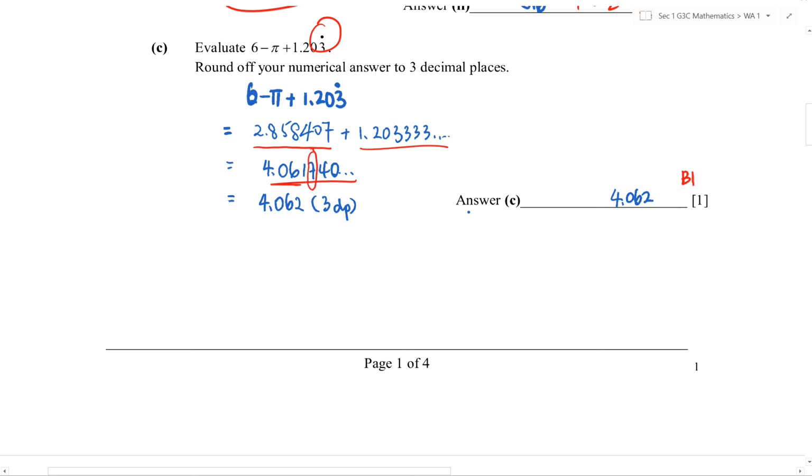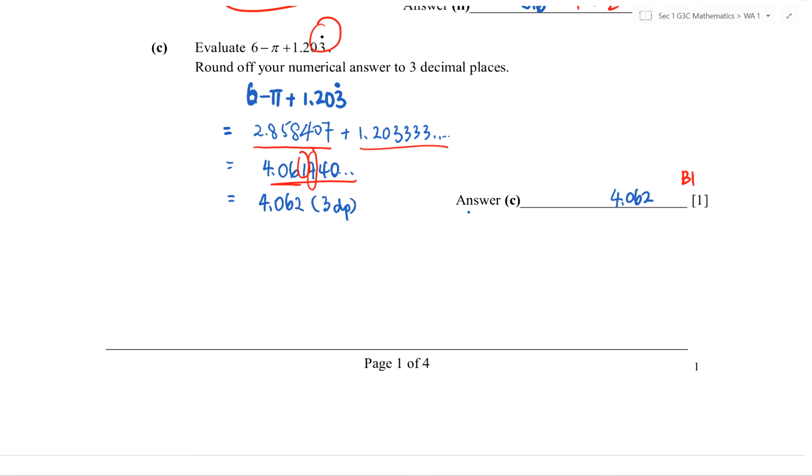Look at this 7. Since it is greater than 4, in other words, it is 5 and above, we are going to round off the value 1 over here upwards. So we get 4.062. If you have a mistake over here, it is likely because you didn't work with enough decimal places in your previous steps.